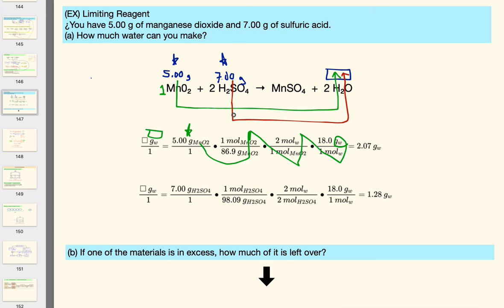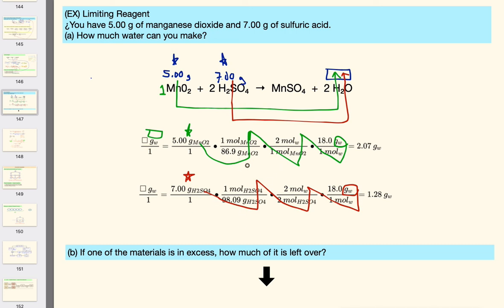How about my other one? I'm going to do the same thing. Now I'm going to start with my 7 grams of H2SO4, and go from grams of H2SO4 to moles, from moles of H2SO4 to moles of water, and from moles of water to grams of water. Same thing.